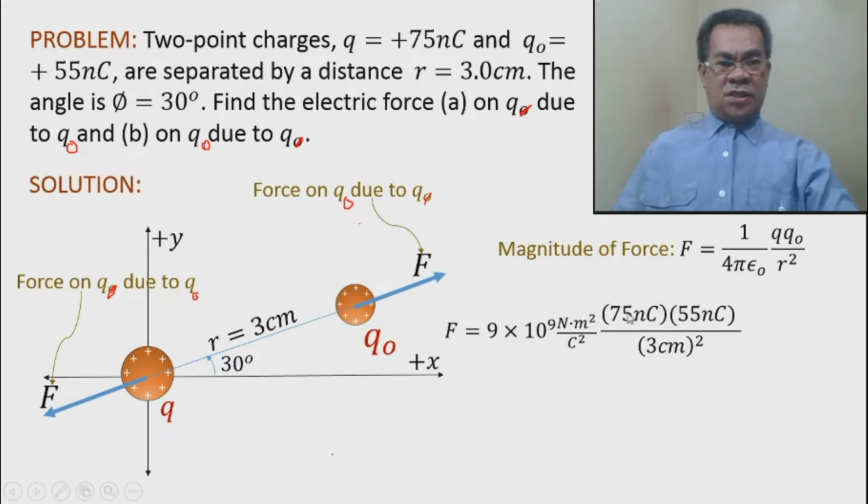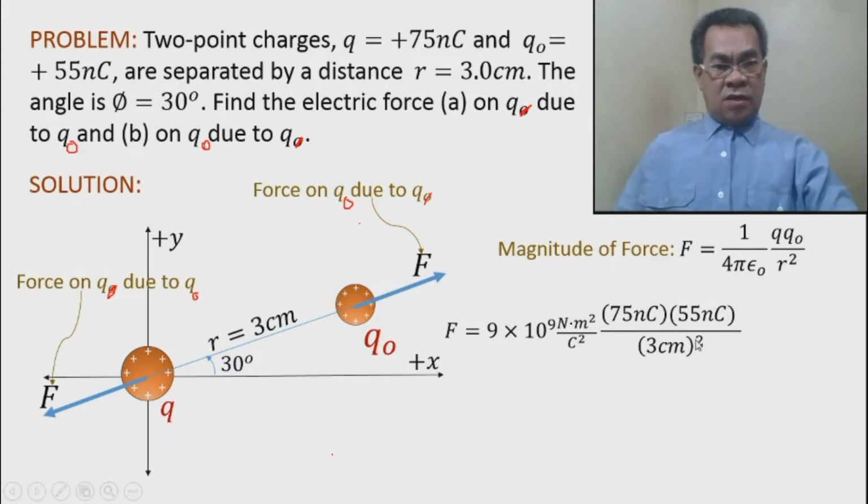And this one is the charge Q, 75 nano Coulomb. Then this Q naught is given as 55 nano Coulomb, divided by the square of the distance. The center to center is 3 centimeters. You have to square it.